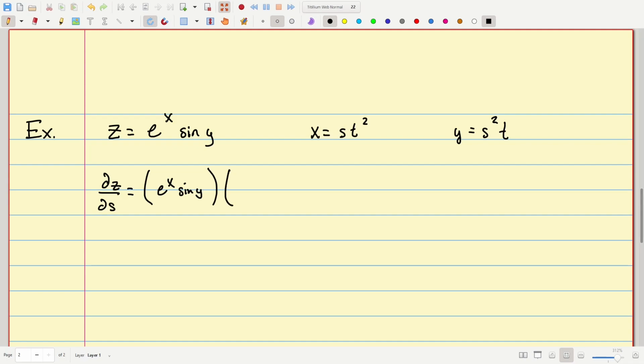Okay, and then the derivative of this with respect to s, so t squared, and then we add to it the derivative of this with respect to y, so we get e to the x cosine y, and then the derivative of y with respect to s, so we get 2st.